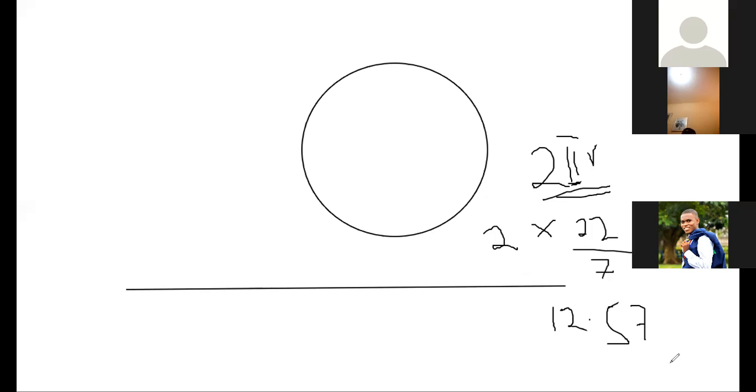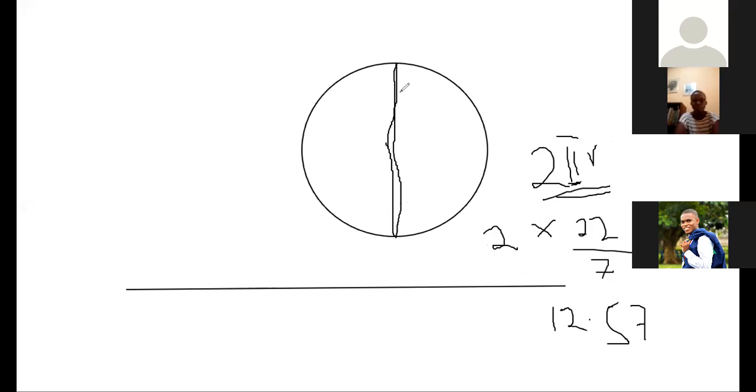Now, if you pick this 12.57 and you divide it by the diameter of the circle. As you know, the radius is from the center of the circle to the side. The diameter passes through the center of the circle. Therefore, having two radiuses makes one diameter. Is that okay? One radius moves from here to the center, and another radius moves from the center to this side.